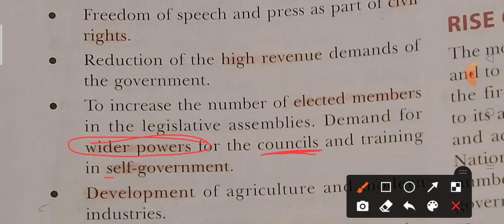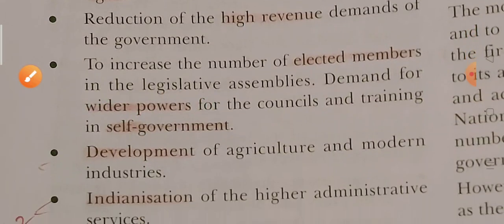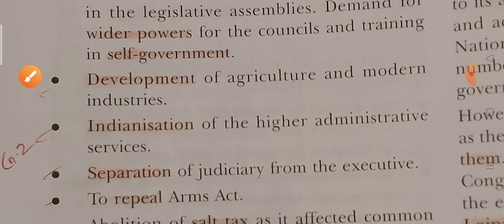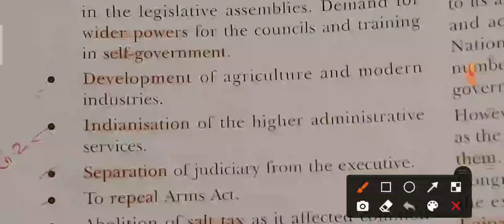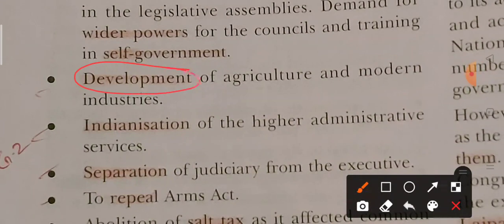And self-government. So next is development of agriculture and modern industries. Actually, you are looking at industries and agriculture, the lifeline of the Indian economy. So it was the next demand of the Indian National Congress.